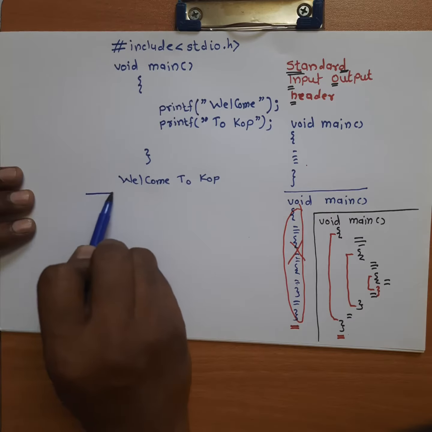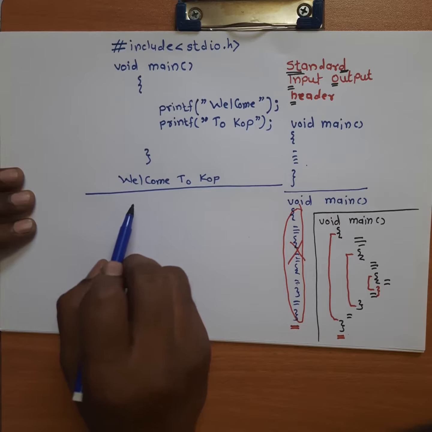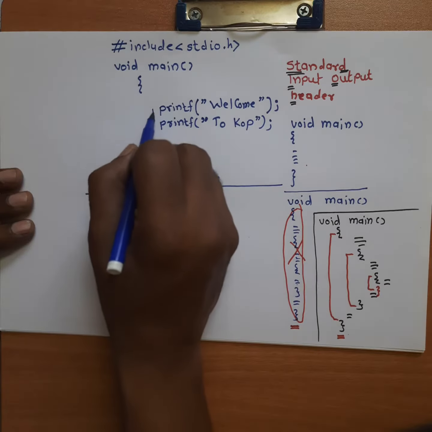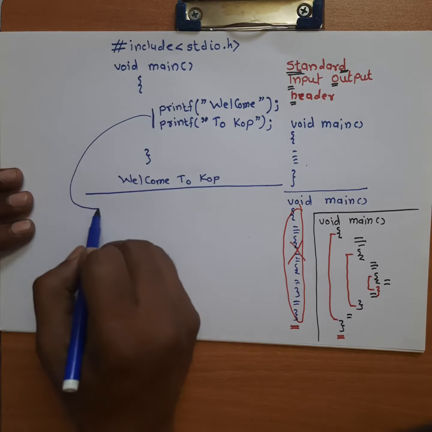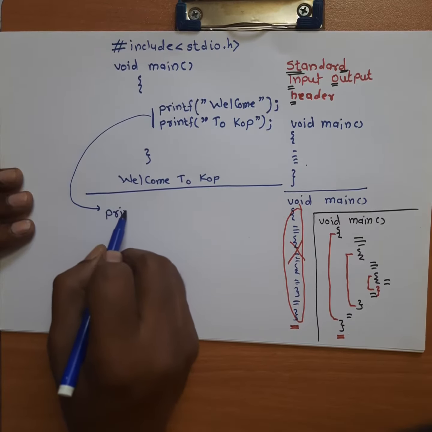Now, if you want to display welcome on the first line and to KOP on the second line, then we have to change these two statements. The rest is the same, I am changing only this inner part.